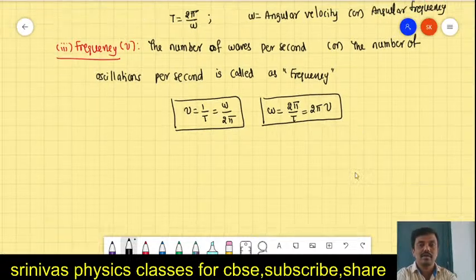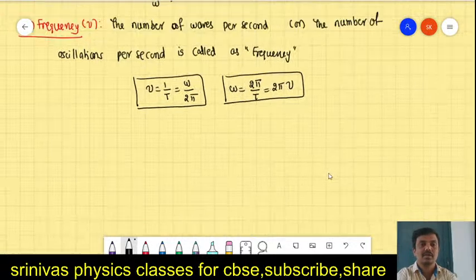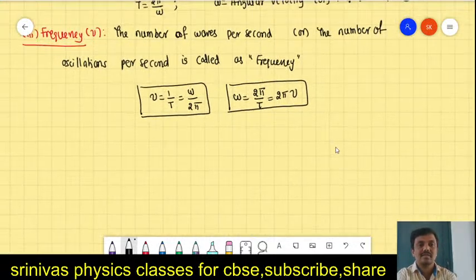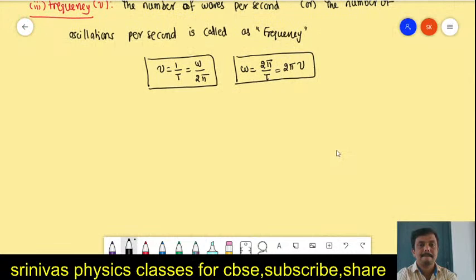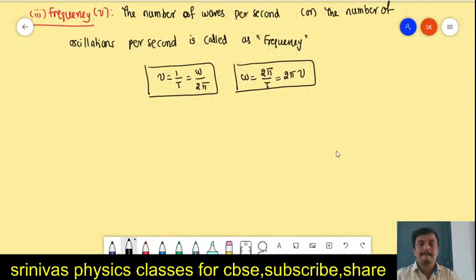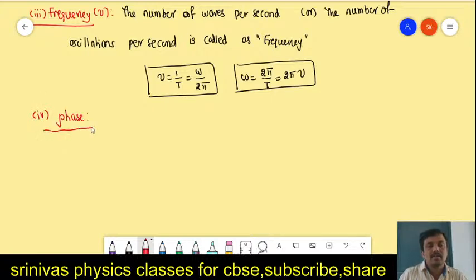Okay, right? And the next one is some important definition we are discussing now. What is phase? Phase means what? The definition I already said, right?